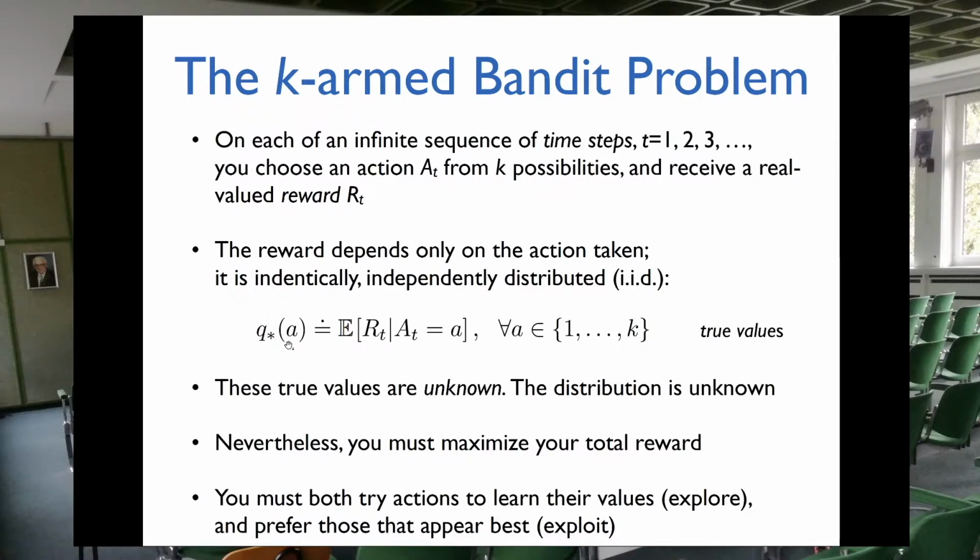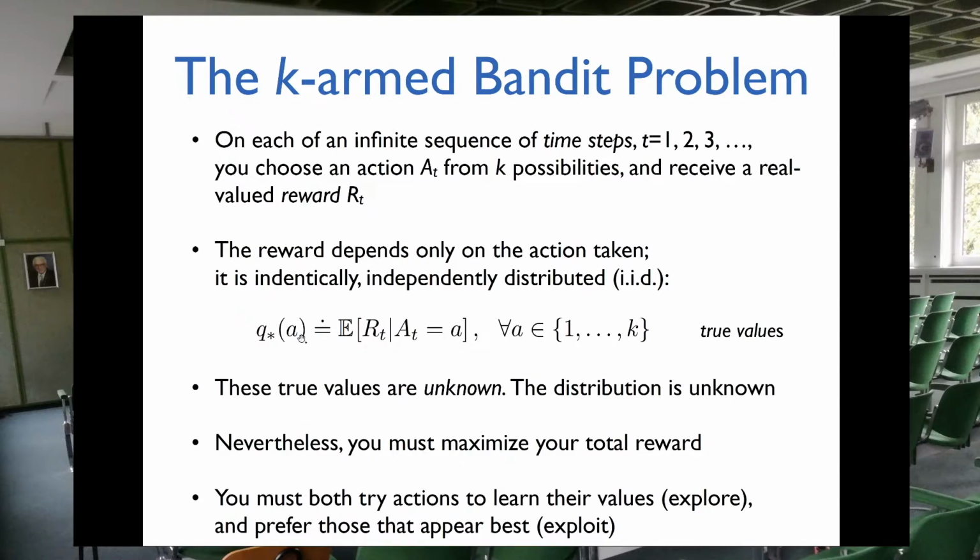So the q star of some action a can be approximated by computing the expectation of the reward that you will get in time t, given that the action that you perform in time t is action small a, and this is for all a in the set containing our k possible actions.